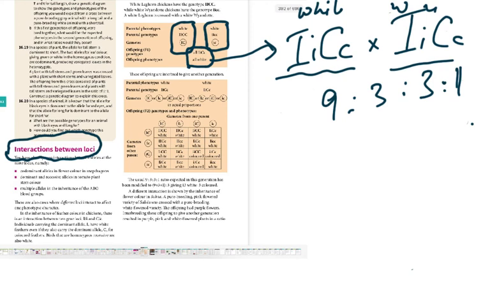But here we don't get that. Why do we not get that? That is what we've got to understand: why are we not getting a 9:3:3:1 ratio? Because here we have interactions between loci. Now in this situation, if you can see, this is white here again, then this is white here again. Why?